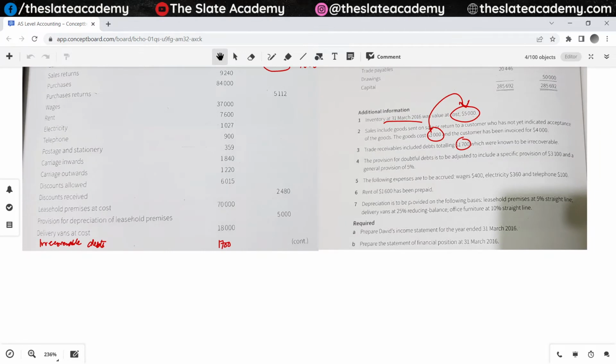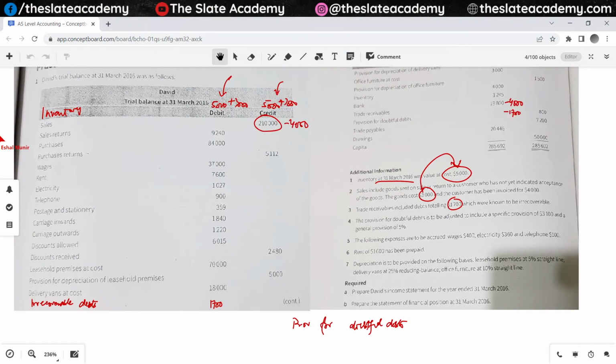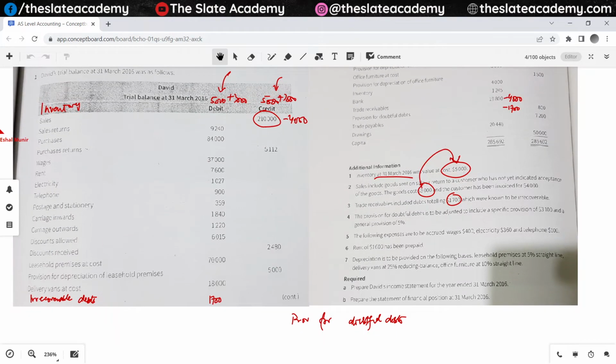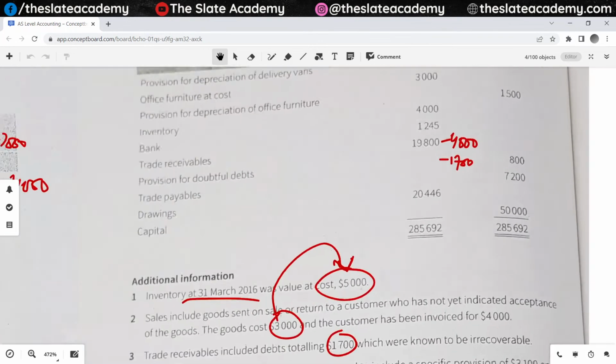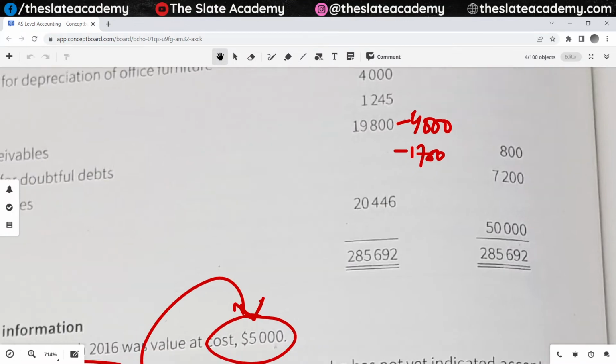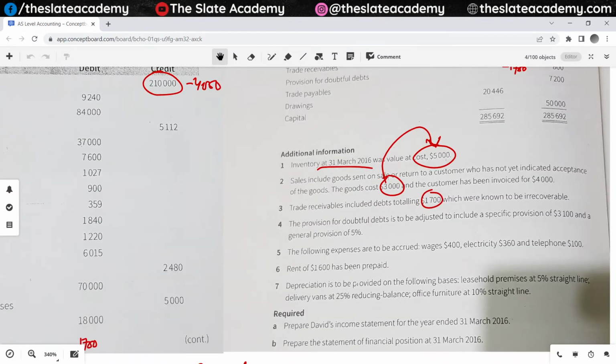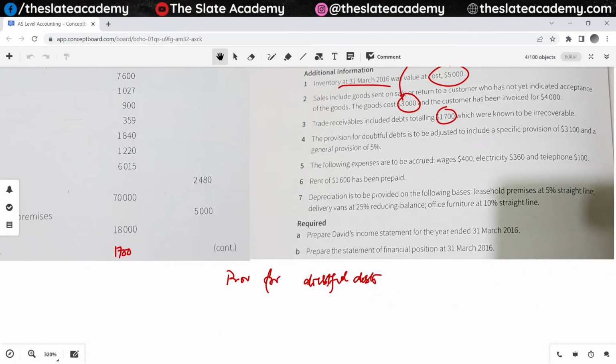So if I give a heading over here, provision for doubtful debts. Okay, the existing provision is how much? Is it 800 or 820? 800. Okay. So my brought down is 800.